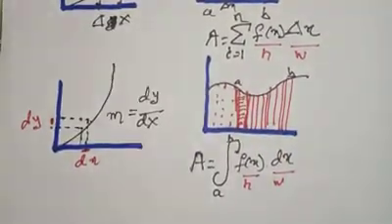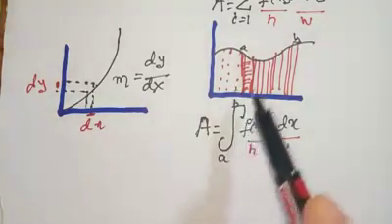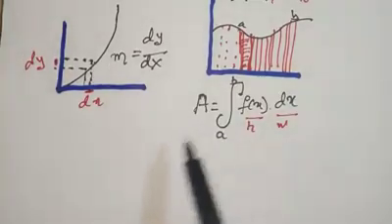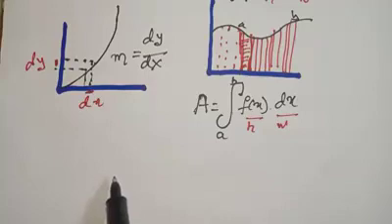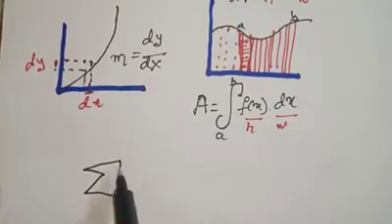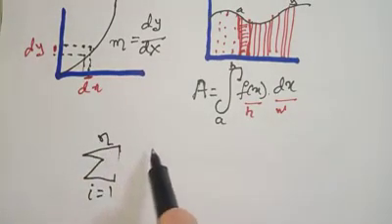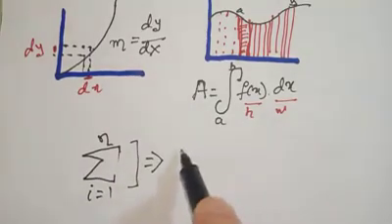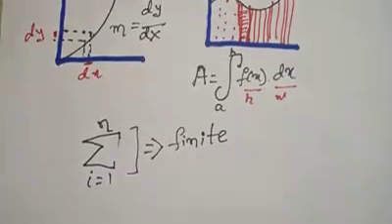But whenever we are using this integration sign, and using a to b, from here to here, that means it has got infinite amount of triangles or rectangles or polygons, whatever. So in order to sum it all up, if I use sigma, say for example i equals 1 to n, this is something which is denoting finite.